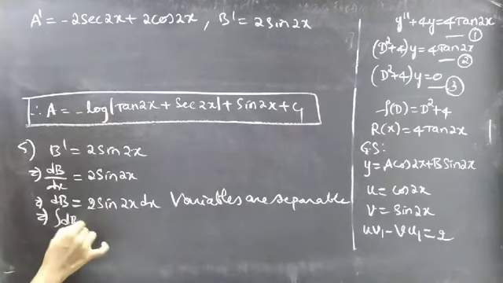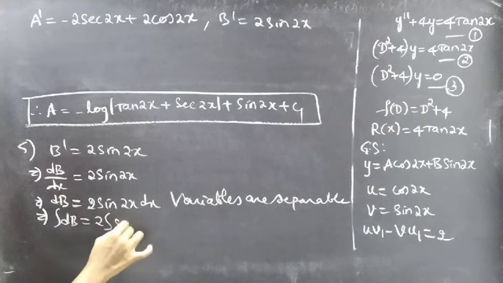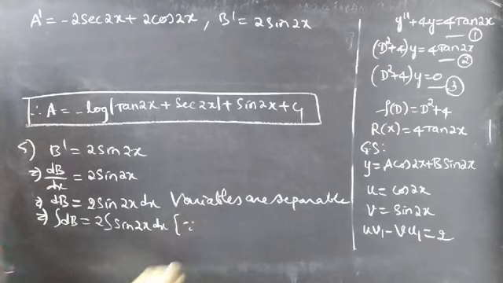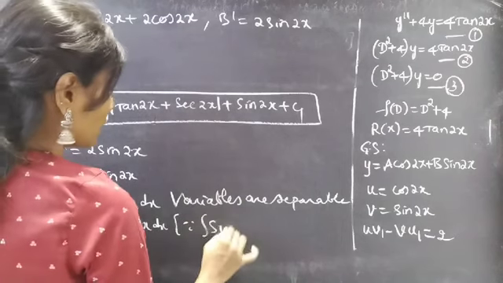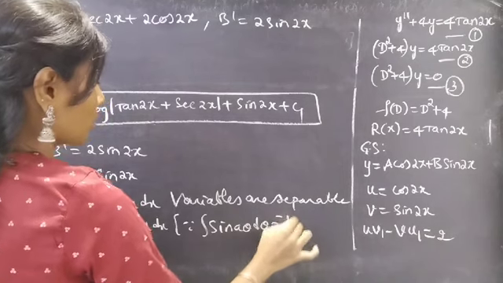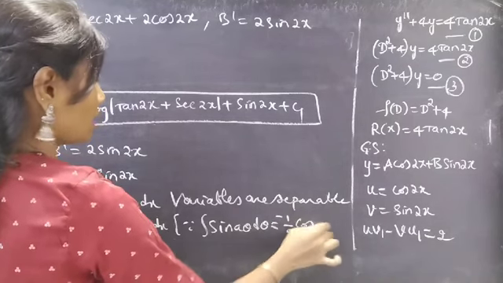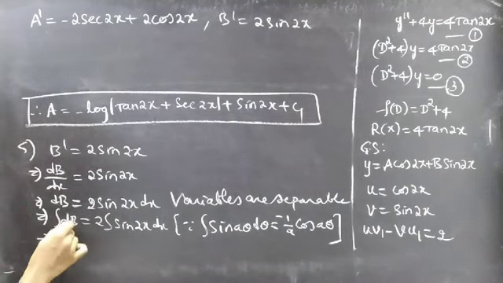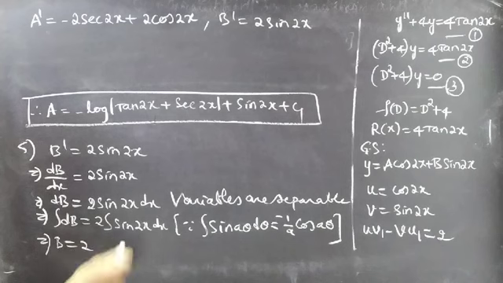Integral db equals 2 integral sine 2x dx. Since we know that integral sine a theta d theta equals minus 1 by a cos a theta, right? Now this becomes integral db equals 2 into, let's compare sine 2x with sine a theta.